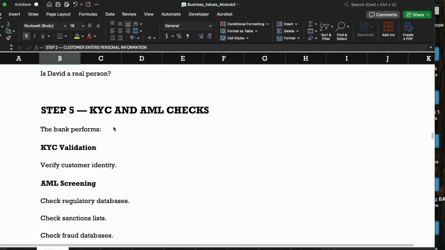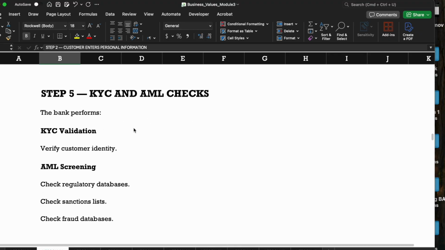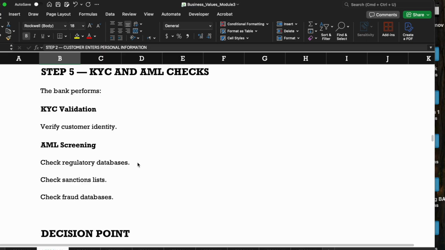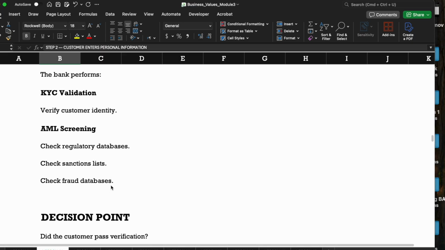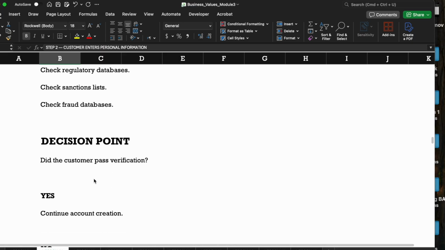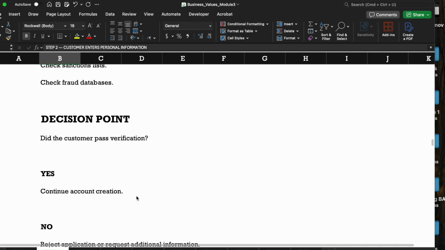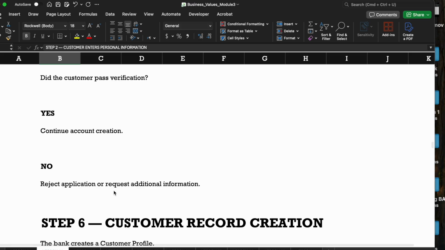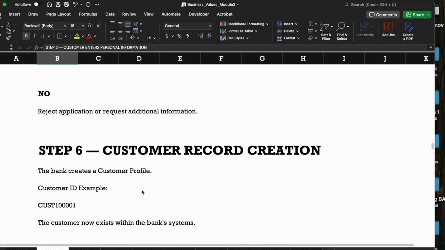Step number 5: KYC and AML checks. The bank performs KYC validation, verifies customer identity, AML screening, checks regulatory databases, sanction lists, and fraud databases. Decision point: did the customer pass verification? Yes, continue account creation. No, reject the application or request additional information. So this will go to a manual review for further review.